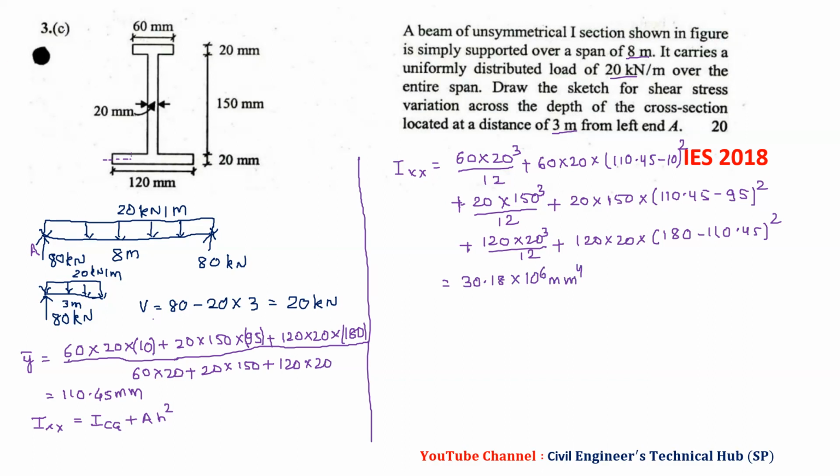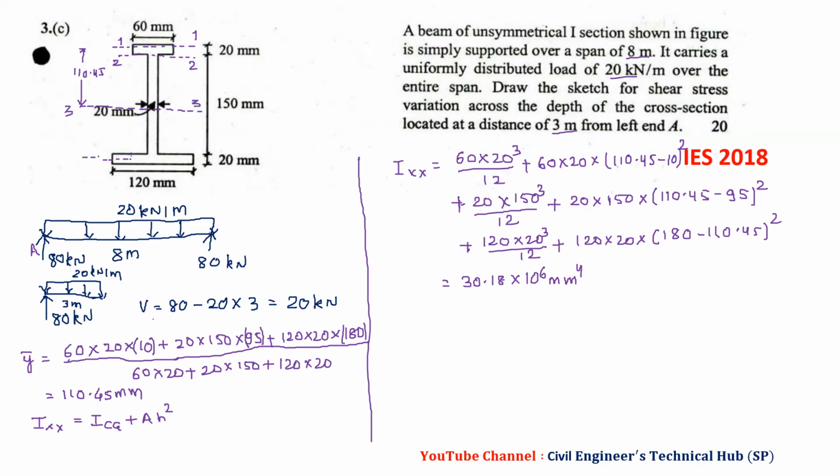Now we will consider different sections where we have to find tau. So this is 1-1 at the top, then we have 2-2, then at y bar, 110.45, somewhere here, which will be the neutral axis, or we will write 3-3.